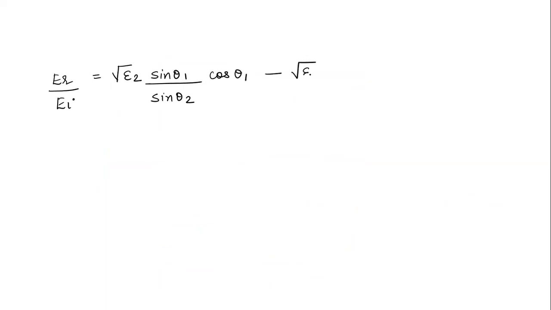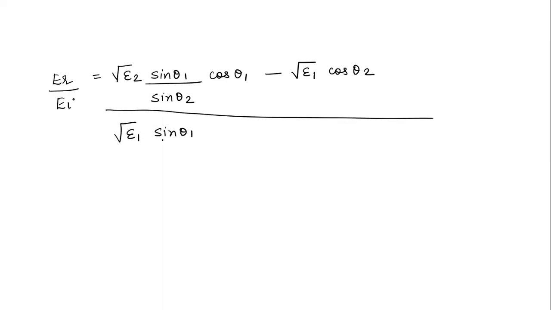I will get ER upon EI is equal to root of epsilon 2 sine theta 1 upon sine theta 2 cos theta 1 minus the root of epsilon 1 cos theta 2 upon root of epsilon 1 sine theta 1 upon sine theta 2 cos theta 1 plus root of epsilon 1 cos theta 2.